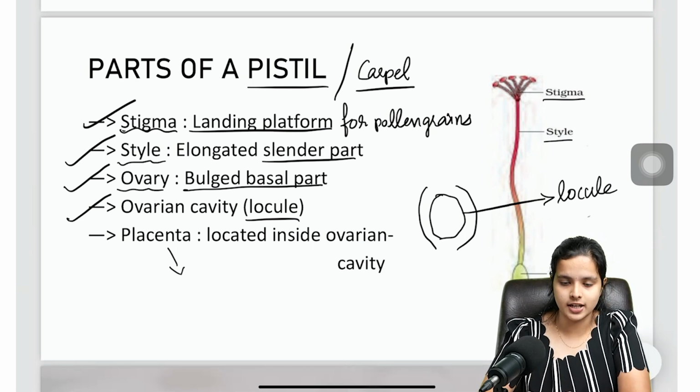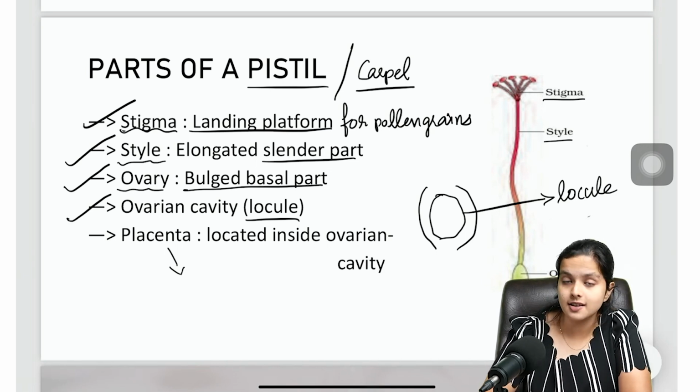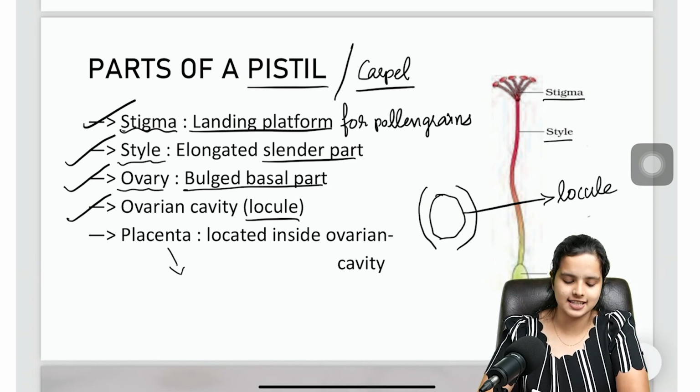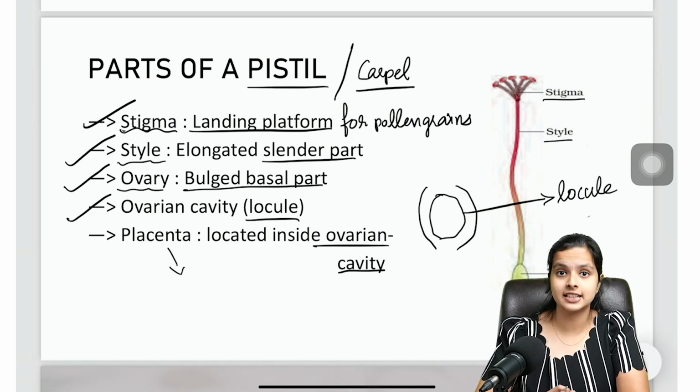So if you have an ovary, you will have an ovule inside it. And this ovule has to be connected by some means to the ovary, right? And that means is the placenta. So where is the placenta located? Placenta is located inside the ovarian cavity or inside the locule. I hope that's clear. So it's simple, right? We have learned about three parts of the stamen, the anther, connective, and the filament.